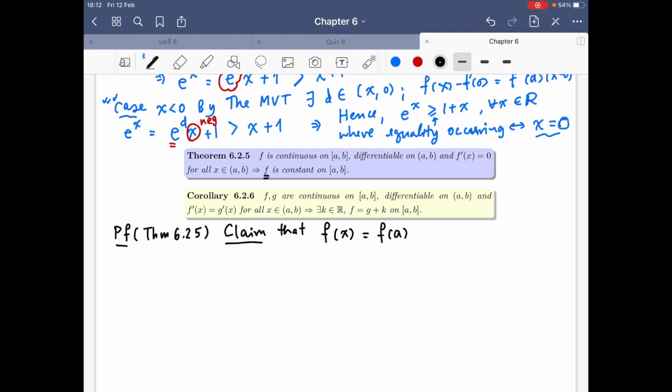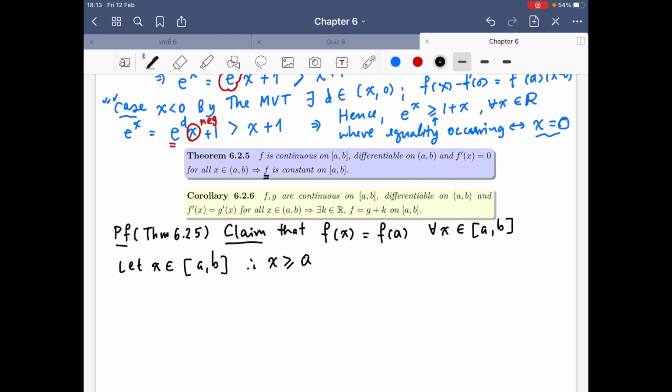We just use the left end, for all x inside this interval [a, b], inclusive. So we let x be inside this closed interval from a to b, and of course x is greater than or equal to a.